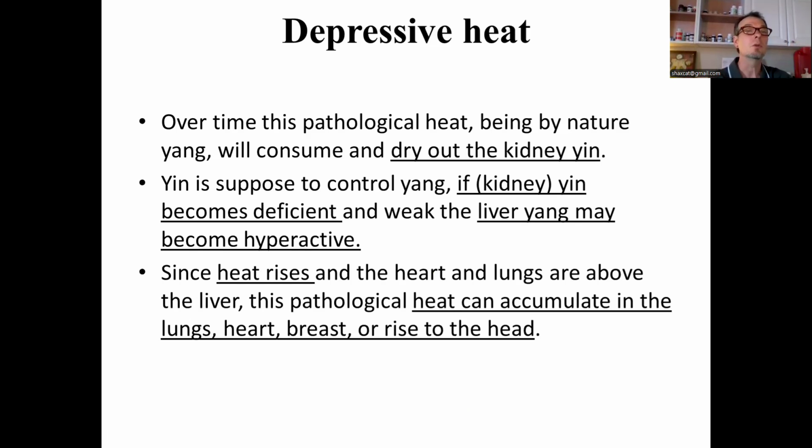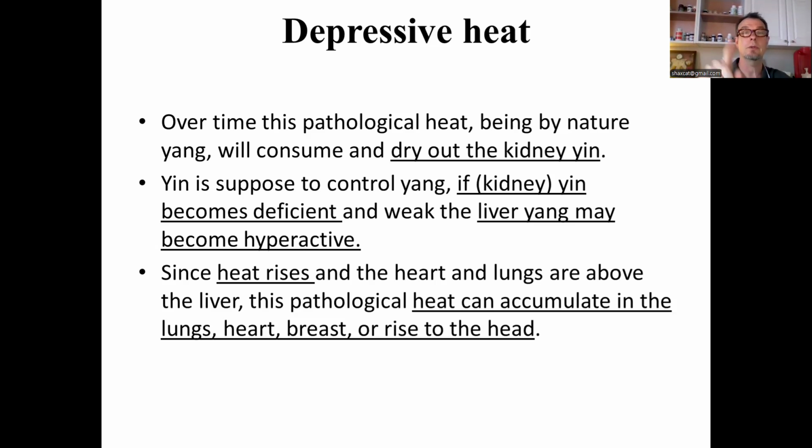Yin is supposed to help control yang. If the kidney yin becomes deficient, then a weak liver yin may let liver yang become hyperactive. As we've talked about before, when the liver is not getting all the yin it needs to cool down, it starts to get a little aggressive and will generate heat.